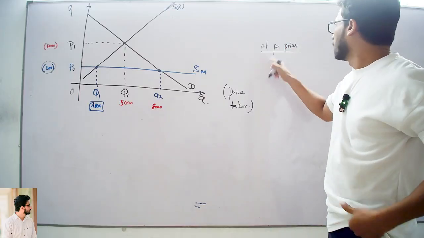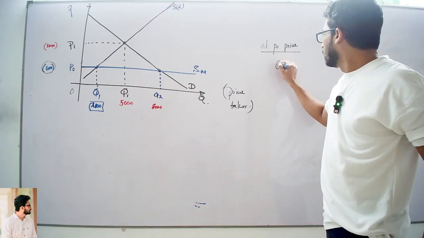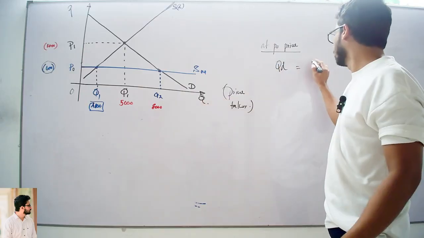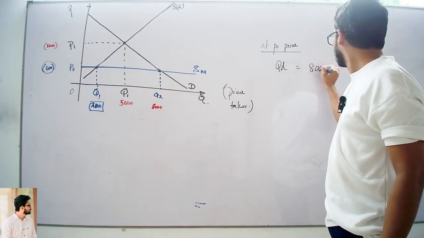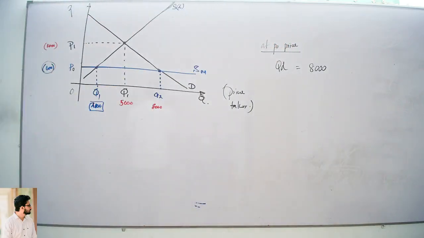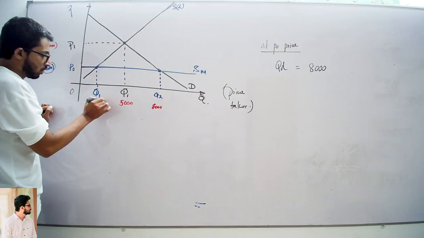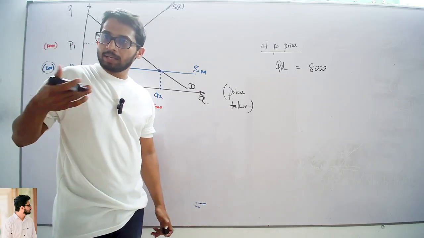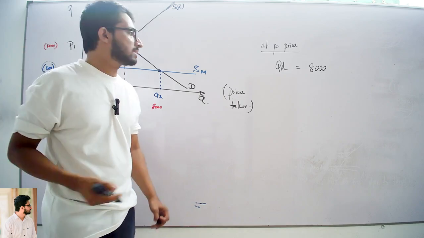Right. At P naught price, Buddha, QD, the quantity demanded, is 8,000 units. It means 8,000 units are being demanded at P naught price. Now this is the domestic supply, QS. How many units are domestic suppliers willing to release?